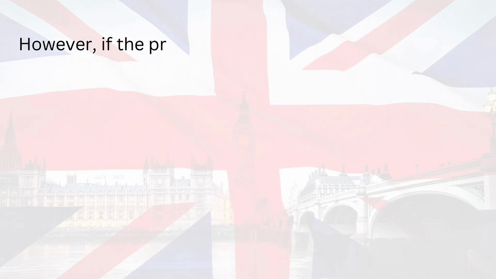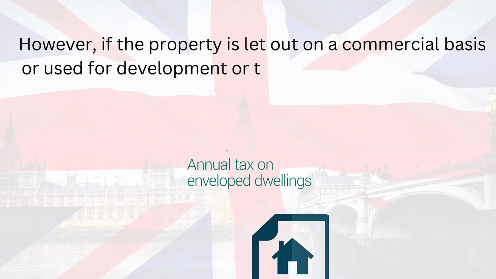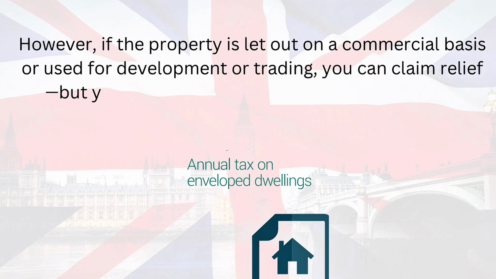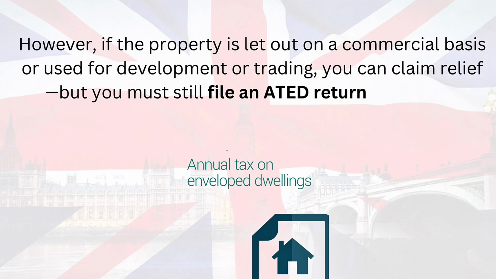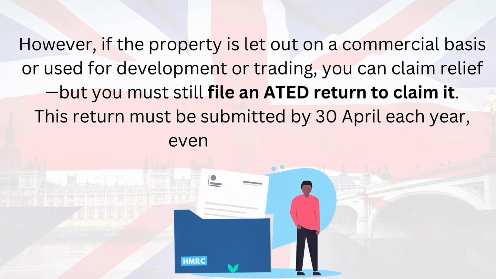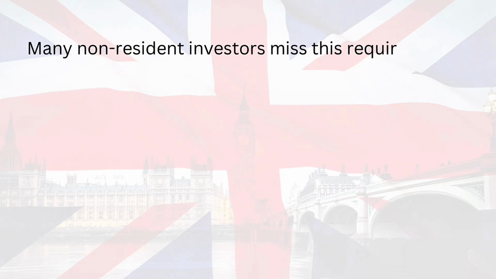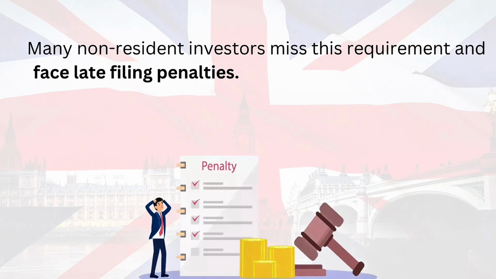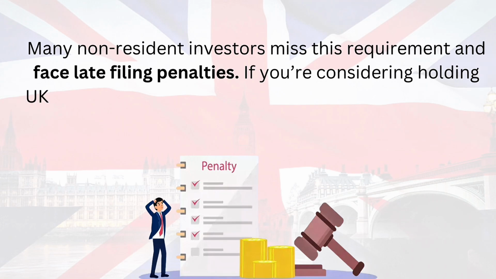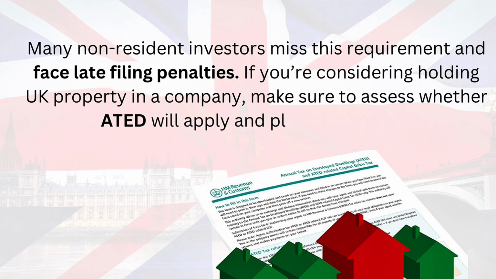However, if the property is let out on a commercial basis or used for development or trading, you can claim relief, but you must still file an ATED return to claim it. This return must be submitted by 30 April each year, even if no tax is due. Many non-resident investors miss this requirement and face late filing penalties. If you are considering holding UK property in a company, make sure to assess whether ATED will apply and plan accordingly.